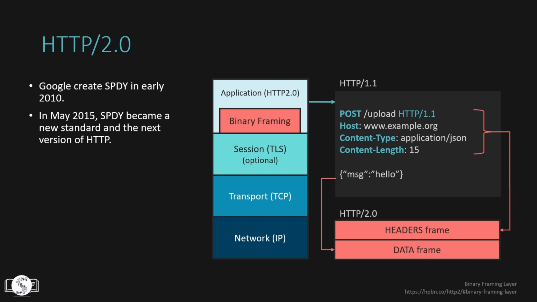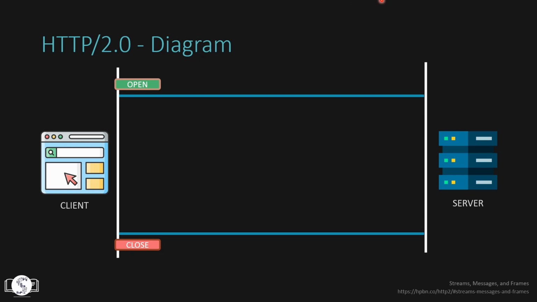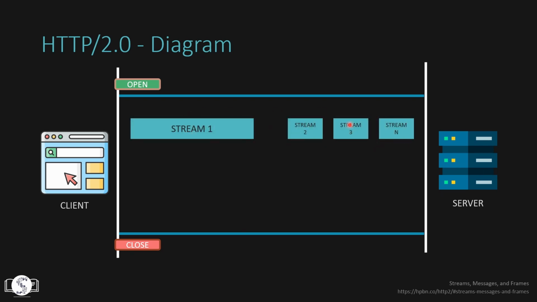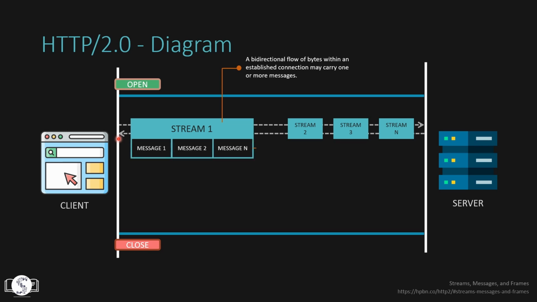What are the performance improvement gains from HTTP/2? HTTP/2 establishes a single connection object between the two machines. Within this connection, there are multiple streams of data. Streams are bidirectional connections, and they may carry one or more messages.